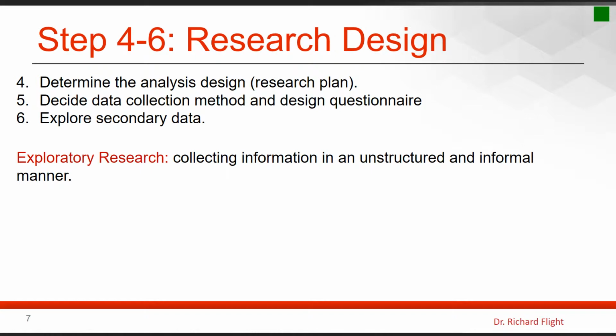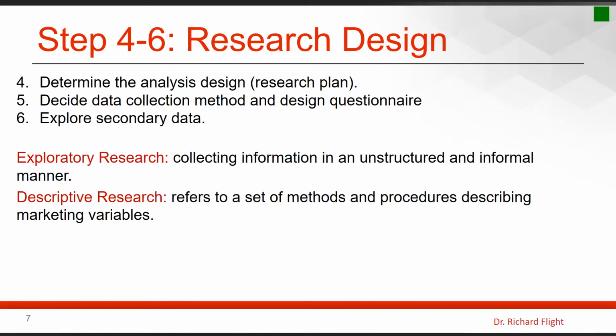We have something called exploratory research, which is research that we do primarily with secondary data. We look to find information that already exists about my problem. That's what exploratory research is all about.